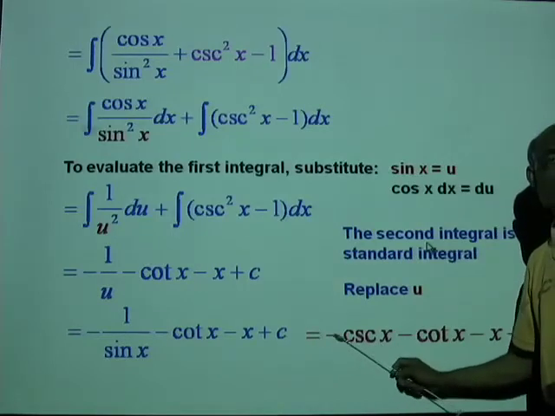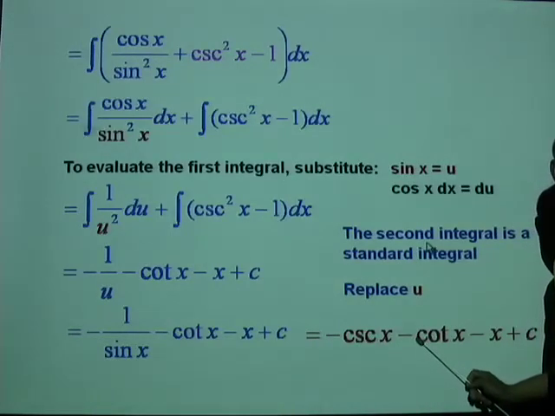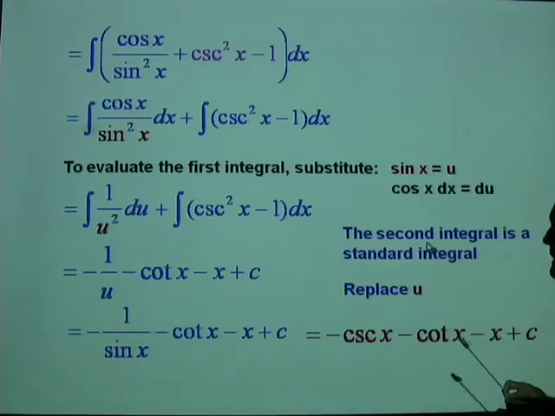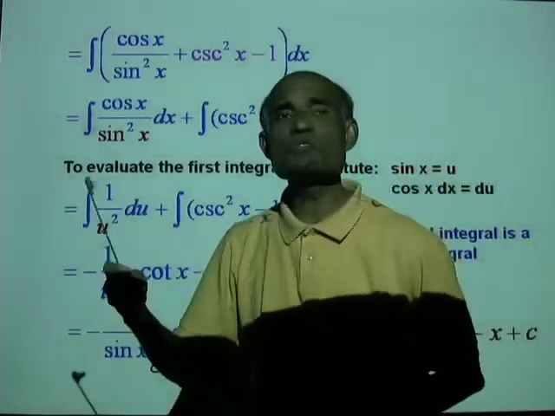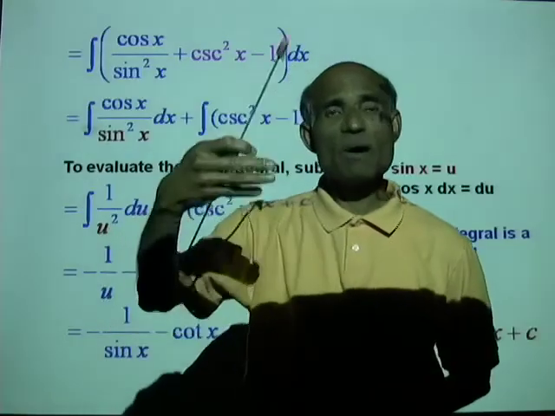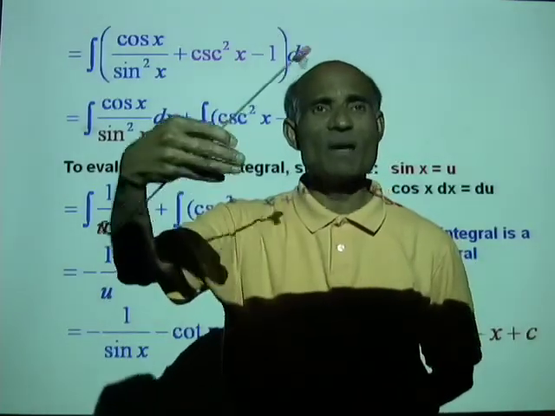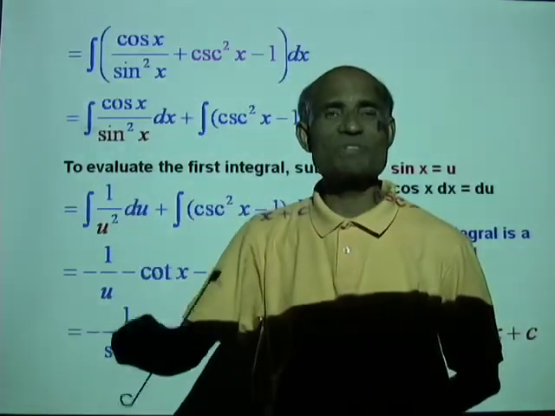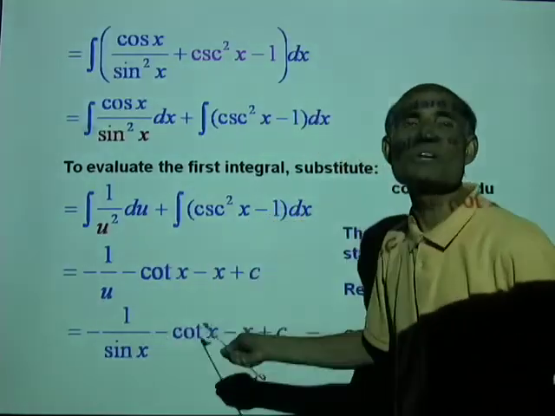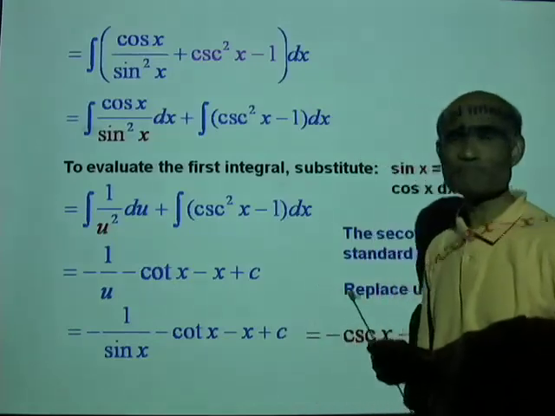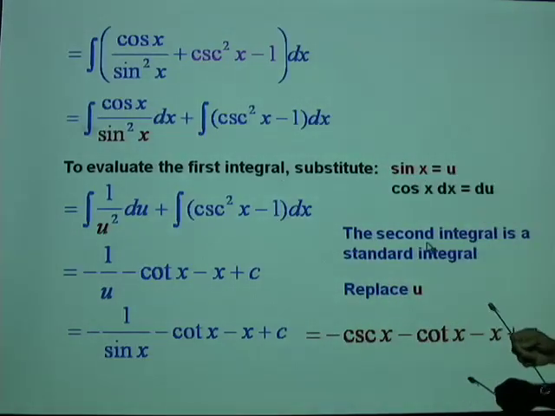So the result is negative cosecant x minus cot x minus x plus c. So this is the kind of integral you need to spend some time on. Now go back and look at this one more time and write this down a couple of times to learn the various steps that we have used in doing this integral. All right? Okay. Let's do another one.